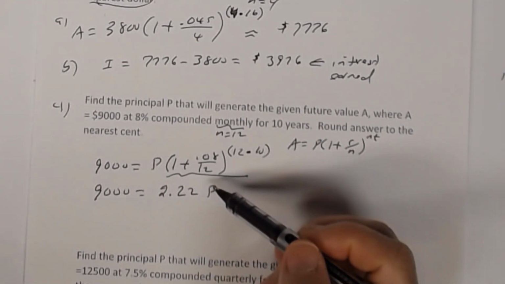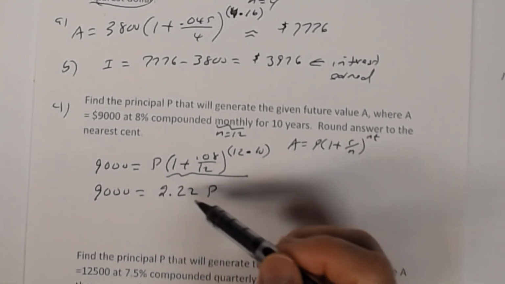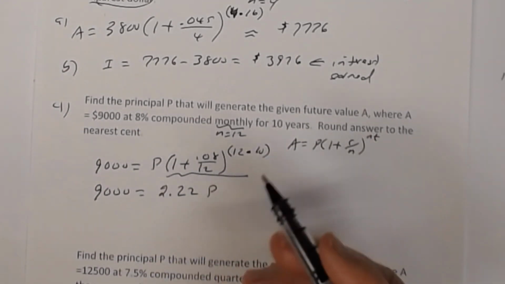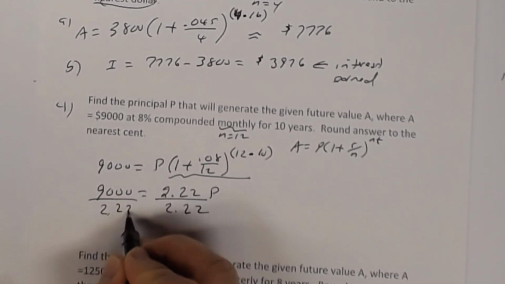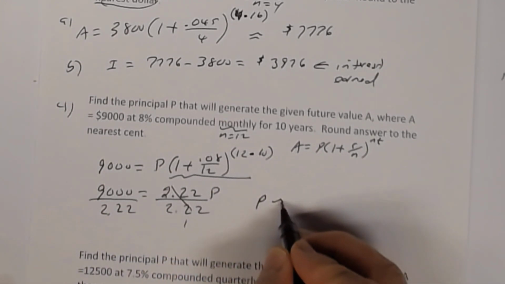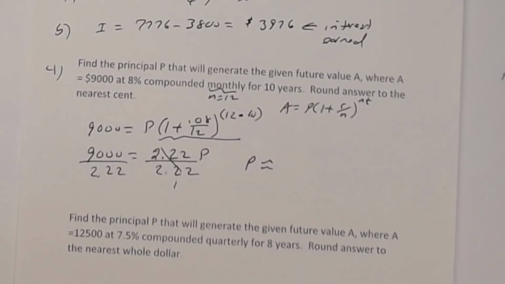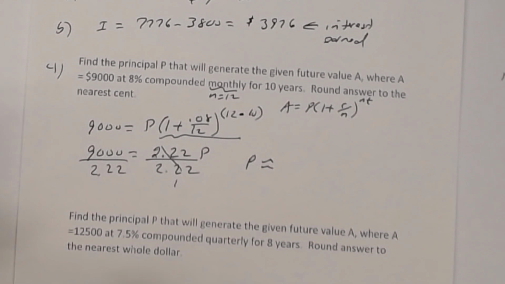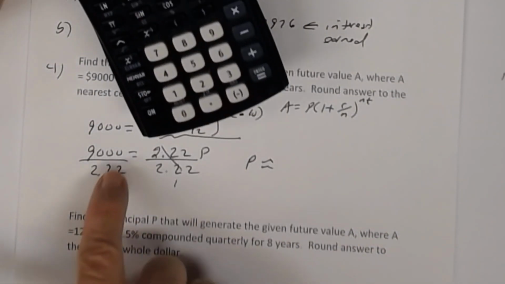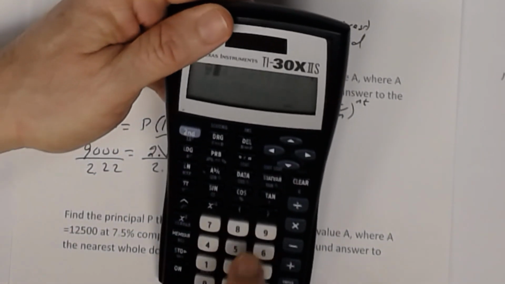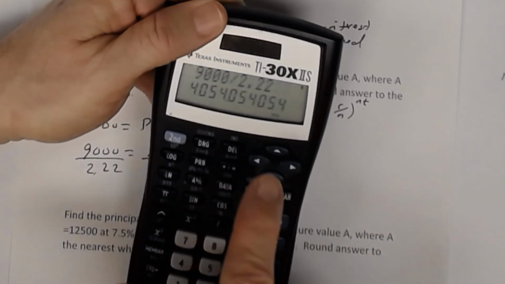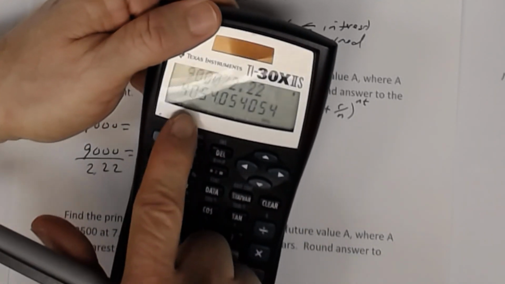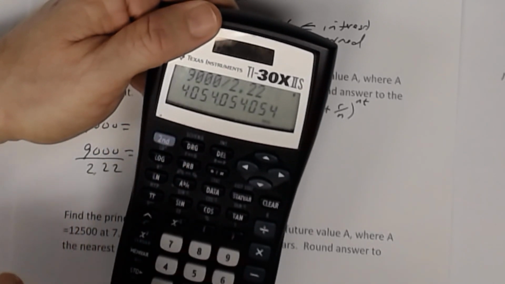Now to get p by itself, right now it's multiplying by 2.22, so you're going to divide by 2.22. And so therefore p, the amount that you have to initially invest, your principal, will have to be 9,000 divided by that. So 9,000 divided by 2.22, so you're going to have to initially invest about $4,054.